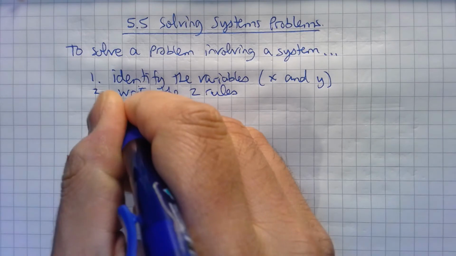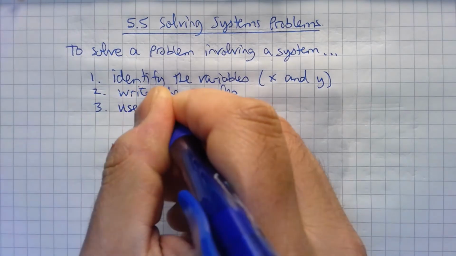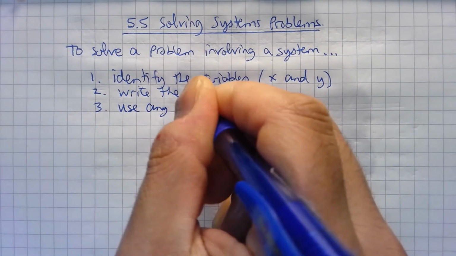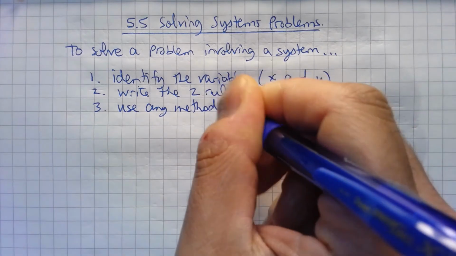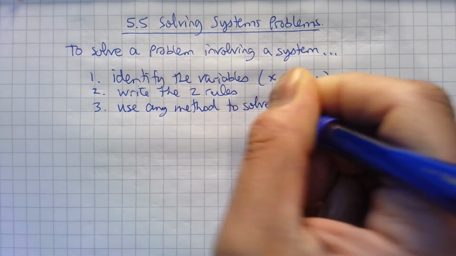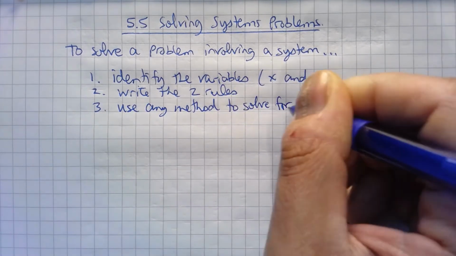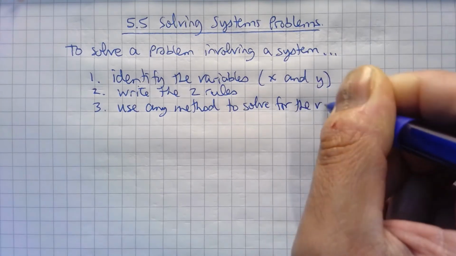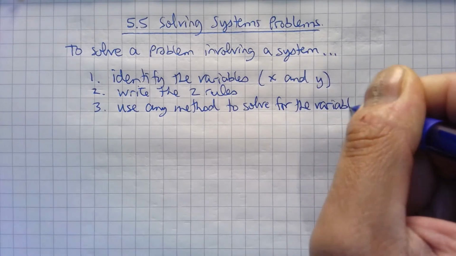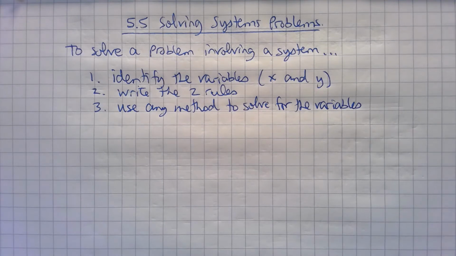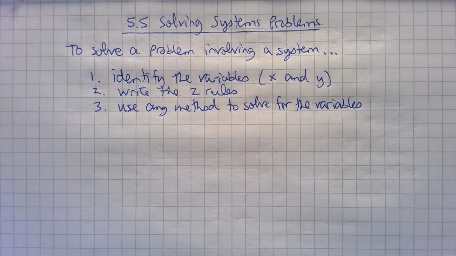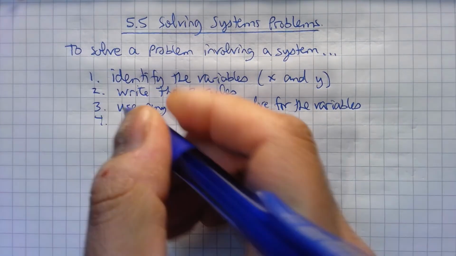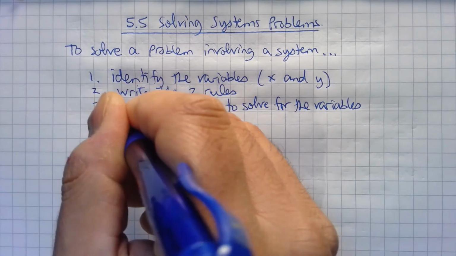Then we'll use any method to solve for the variables. I was going to write x and y, but really it's just any variables. Yes, it's true, we're going to be finding x and y. And then our last step is going to be to answer the question.